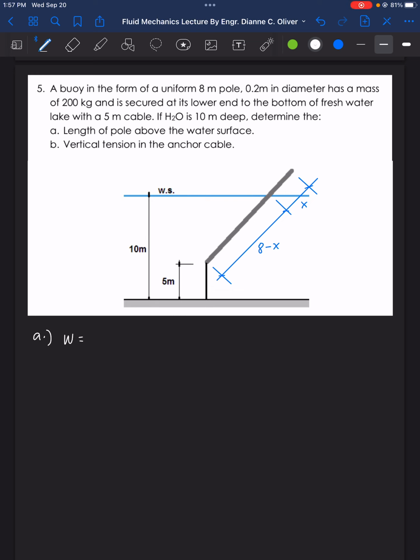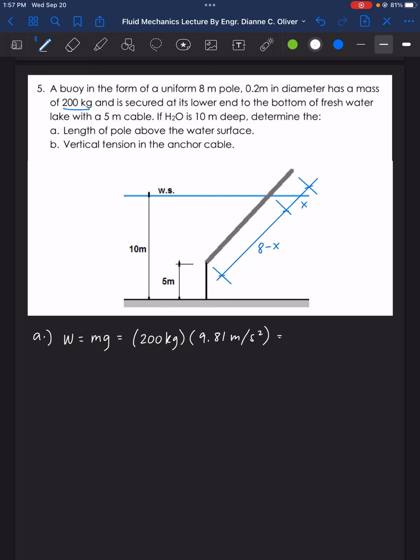Weight has a given mass of 200 kilograms. So we can find the weight because weight is equal to mass times gravity, that is 200 kilograms multiplied with 9.81 meters per second squared.